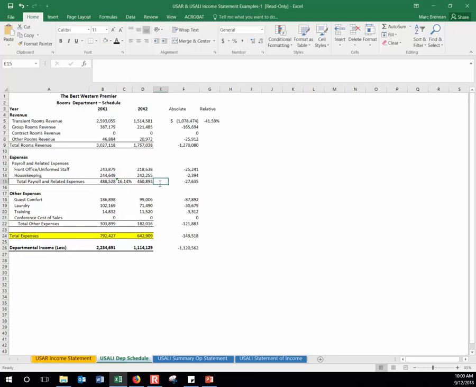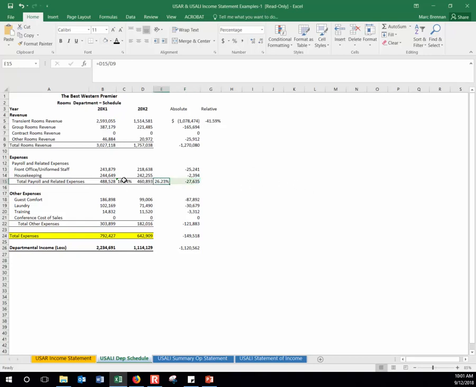And this is why we want to use this in conjunction with our common size analysis. We'll turn this into percentage. So if I use both analysis, I can get an even better understanding of what's going on. So I just told you, right, expenses going down is great. So sure, I'm happy about that.